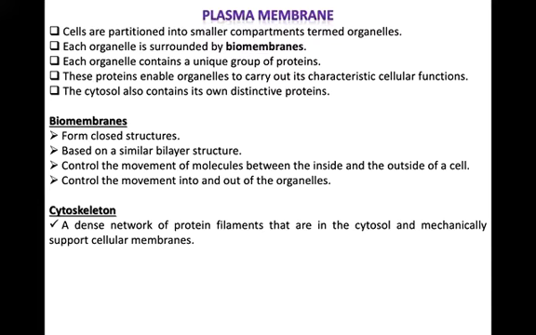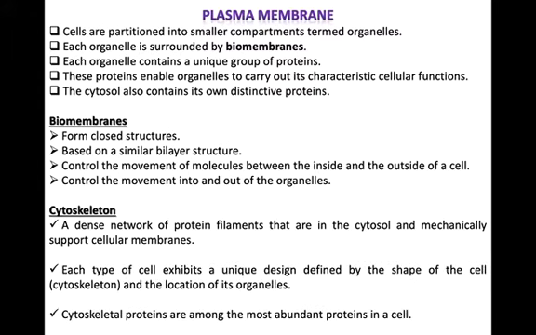While the cytoskeleton is a dense network of protein filaments found in the cytosol that mechanically supports cellular membranes. Each type of cell exhibits a unique design defined by the shape of the cell, which is the cytoskeleton, and the location of its organelles. These cytoskeletal proteins are among the most abundant proteins in a cell.